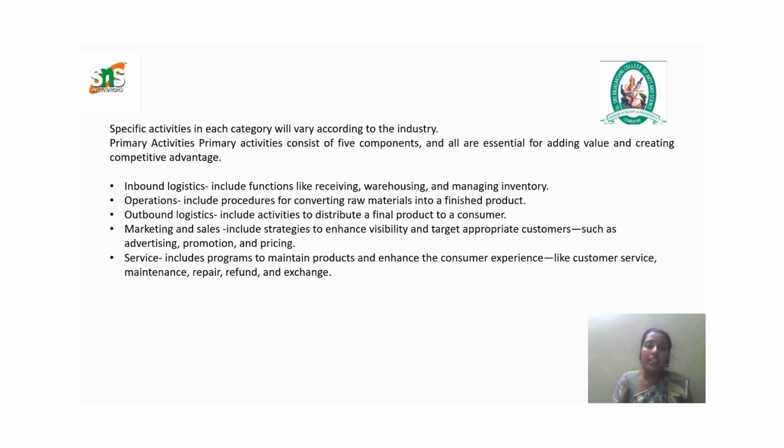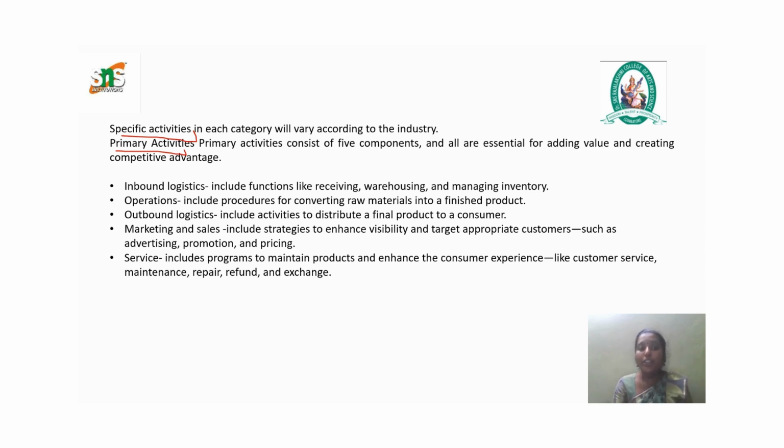The components of a value chain were introduced by Michael Porter in his theory, and they are categorized into two kinds of activity: one is primary activity and the next one is support activity. The primary activity consists of 5 components that act as an essential part of a value chain concept, whereas the support activity is nothing but the activities that support the primary activity to work more effectively and efficiently.